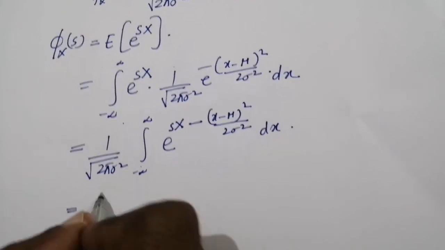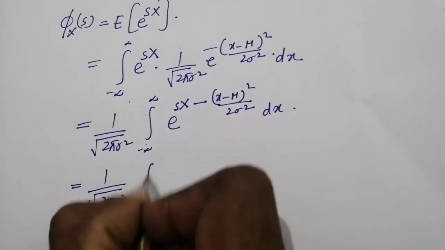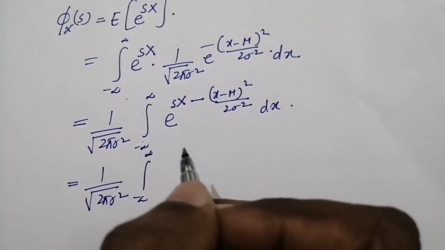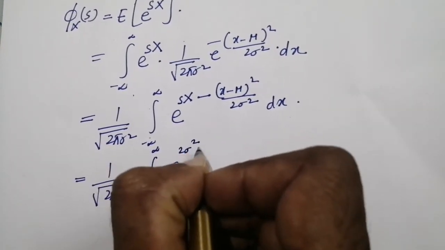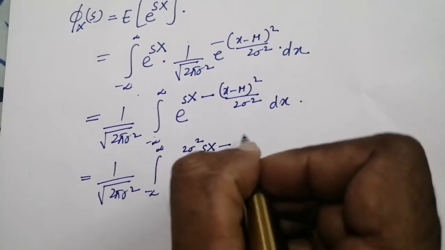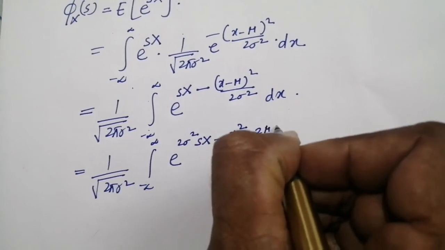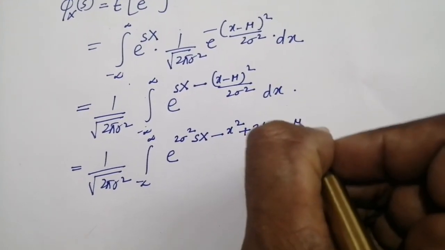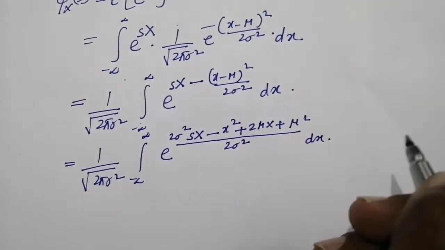So this will be equal to 1 by root of 2 pi sigma square integral minus infinity to plus infinity e raised to (2 sigma square sx minus x square plus 2 mu x minus mu square) divided by 2 sigma square dx.